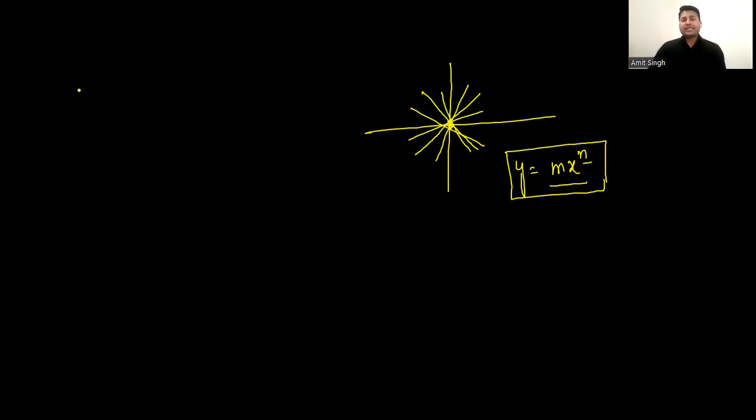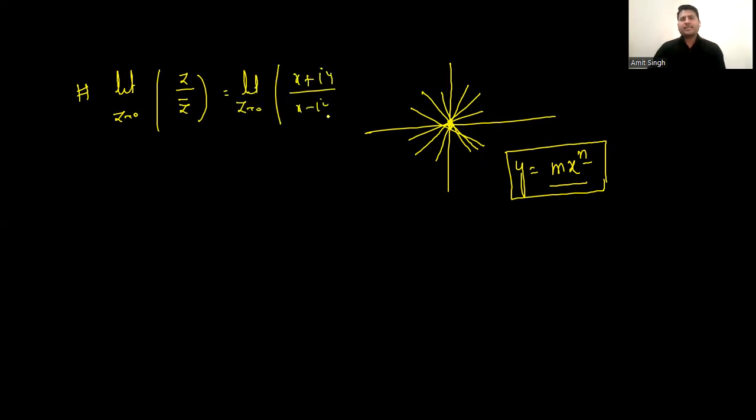So if I am taking the same example, I need to find the limit as z tends to 0 of z over z bar, which comes as the limit as z tends to 0 of (x plus iy) over (x minus iy). Now suppose z tends to 0 along the path y equals mx.